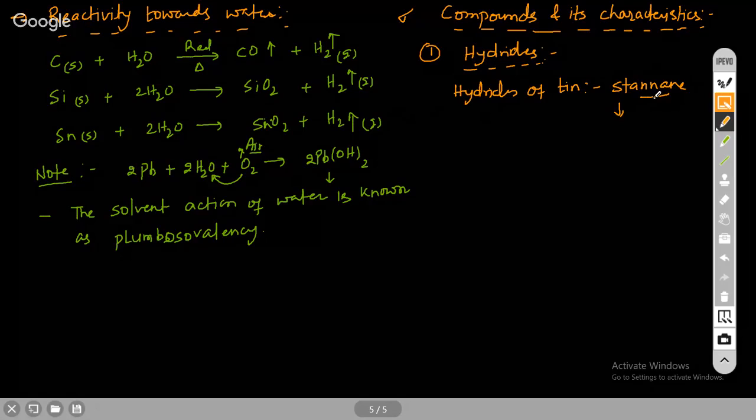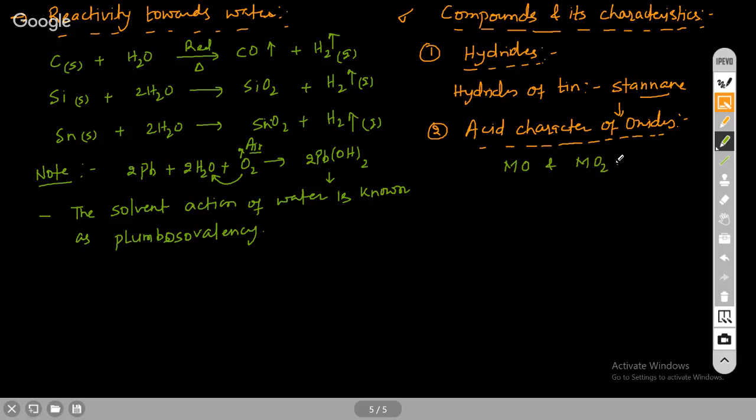Next, write down the acidic character of oxides. We have already discussed that it forms two types of oxides, one is mono and the other is dioxide, MO2 type. We generally discuss dioxides, which are the more stable state.